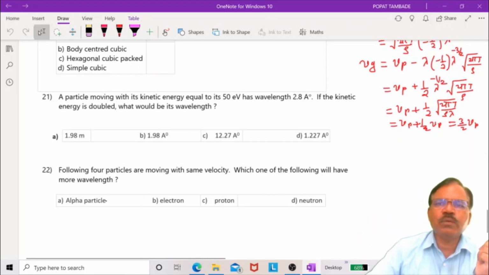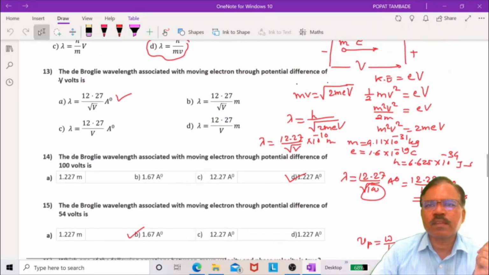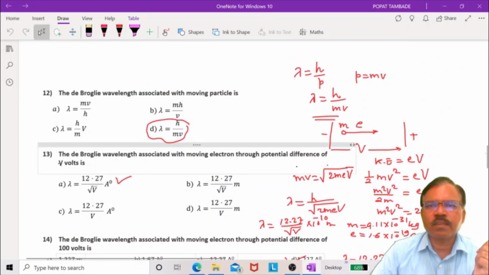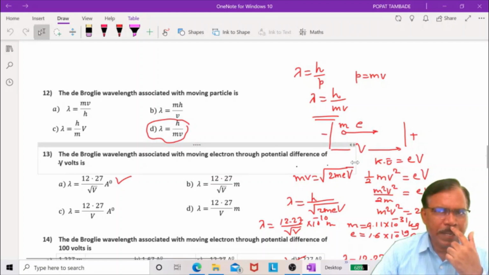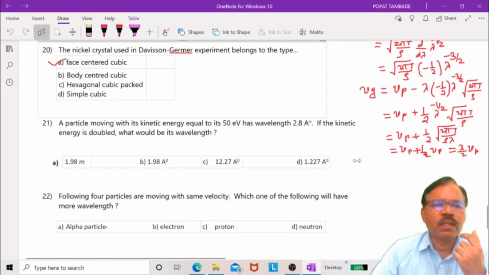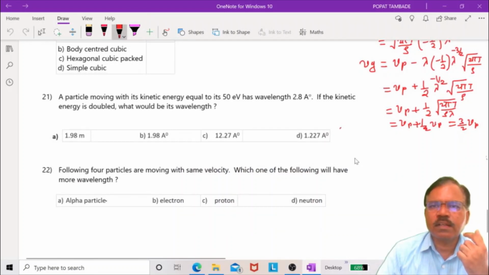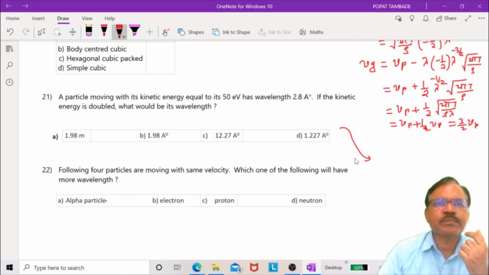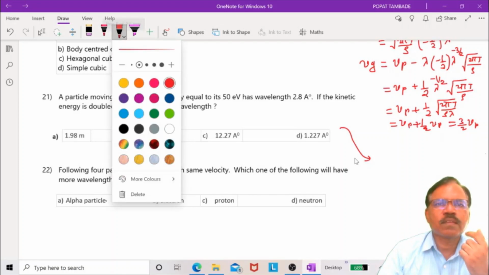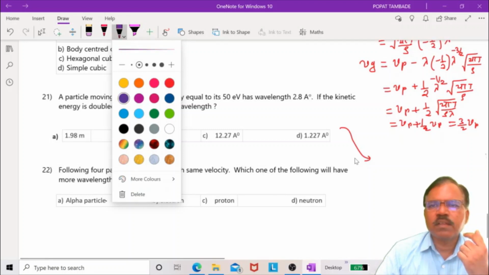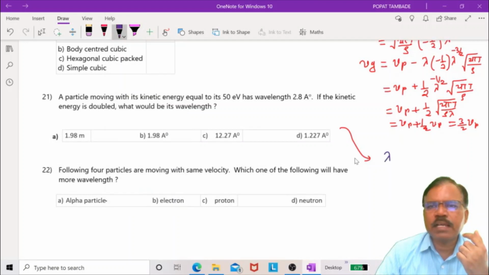So just we have seen here the relation between wavelength and momentum, and we know lambda is equal to h by p.